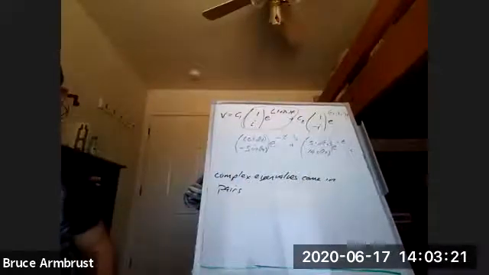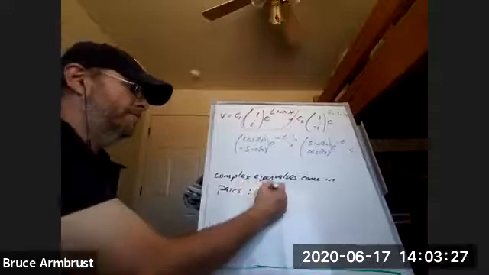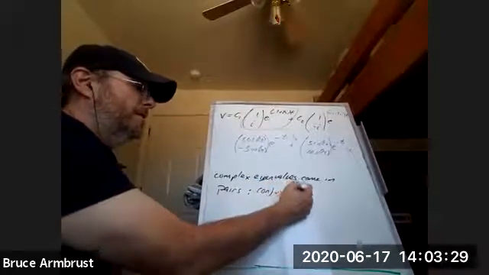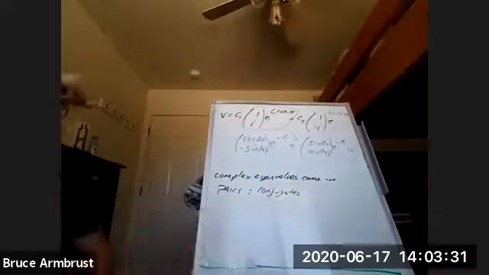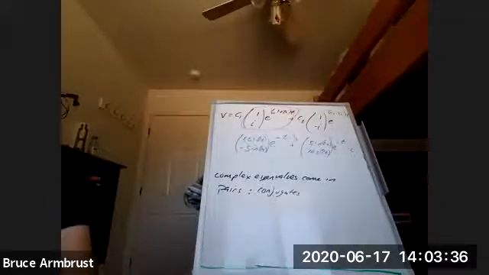They're complex conjugates of each other. Like this one, we saw we got a -1 plus 2i, and then we had a -1 minus 2i.